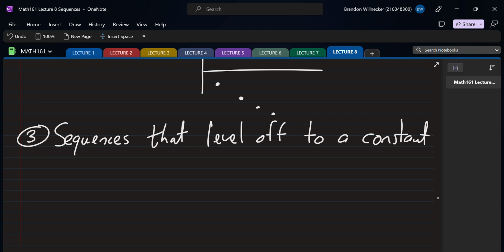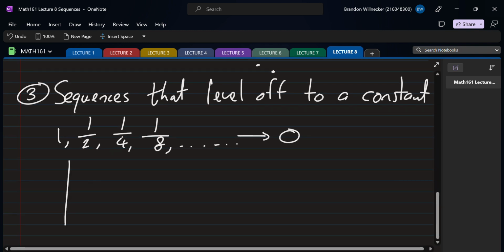For example, we could have 1/2, 1/4, 1/8, and so on. As the denominator gets bigger and bigger, the fraction gets smaller and smaller, and eventually this is going to go down to 0.